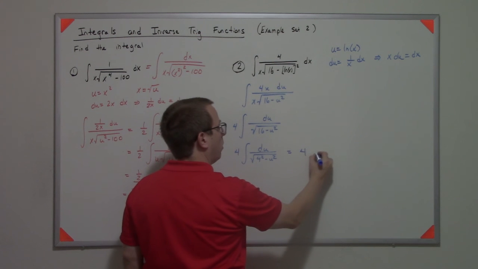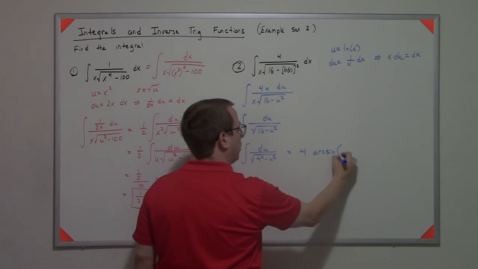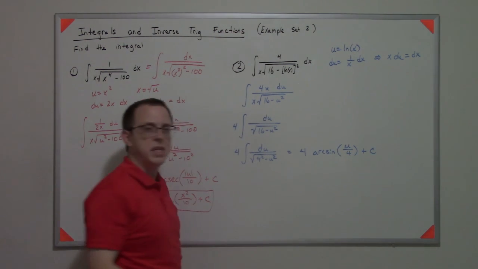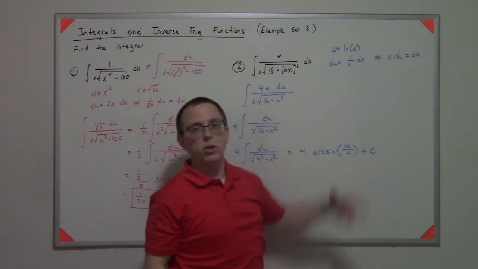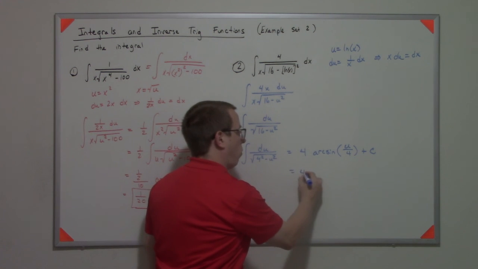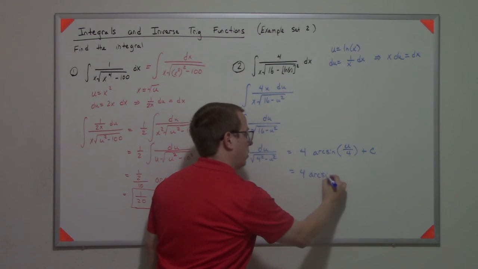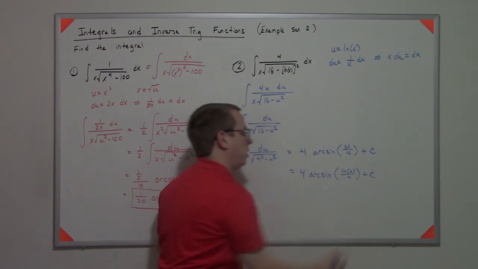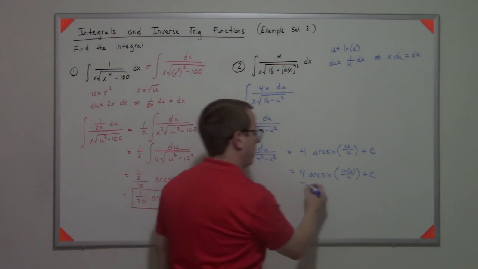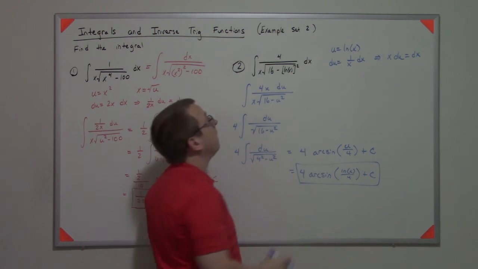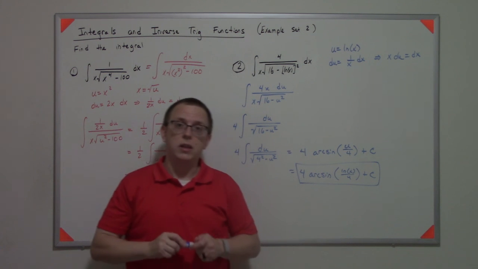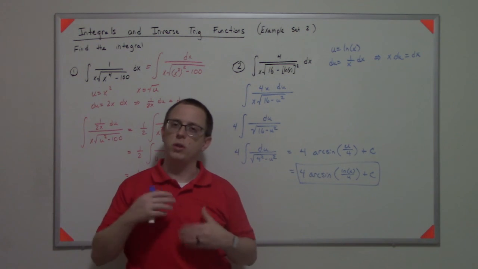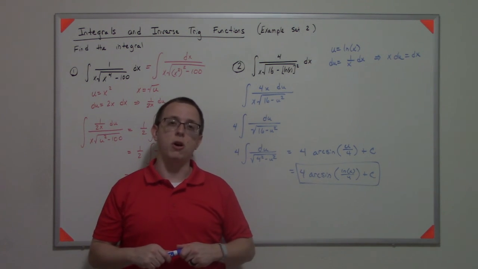So that's 4 arcsine of u over 4 plus c, but remember u is the natural log of x, so that's 4 arcsine of natural log of x over 4 plus c. Those are a couple more examples, and we're going to do just one more and try to really round out our knowledge on this particular topic.